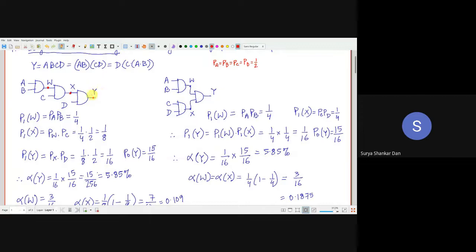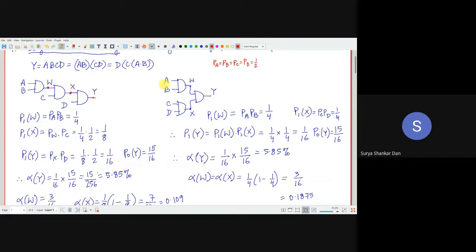I am considering the output node Y only because that is the place where we are essentially getting the desired Boolean function. So alpha of Y will be simply P1 into P0. All right. So that is 15/256, which is 5.85%. That means out of every 100 switching, the probability that the output Y will switch is only 5.85. All right. So that's what we got.